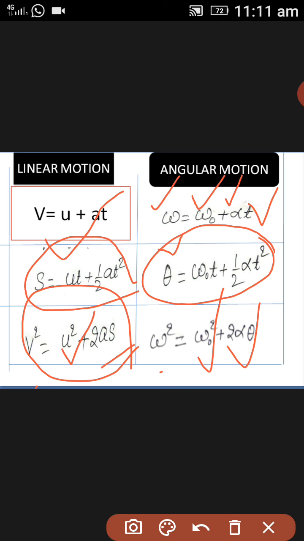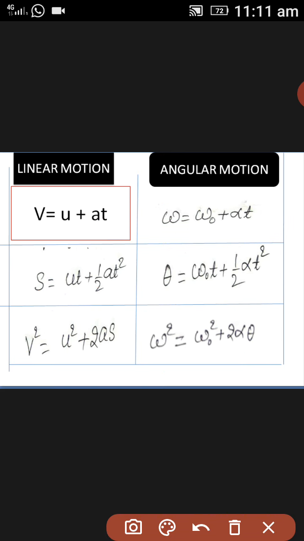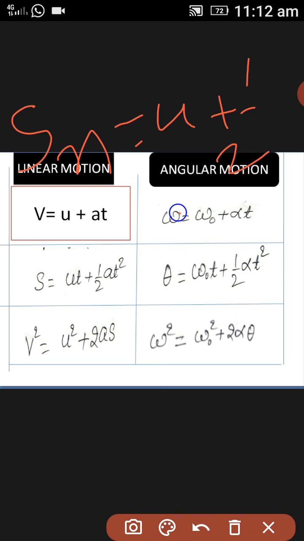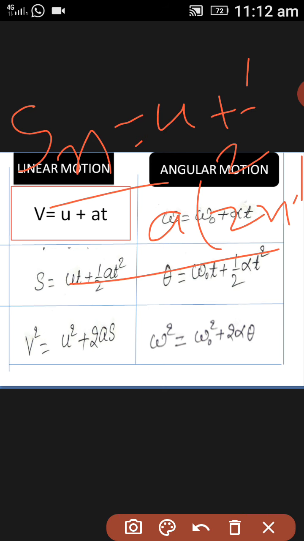Also we can show the distance covered in the nth interval of time, which is u plus half a into 2n minus 1. This is the distance covered in the nth interval of time in the linear case.